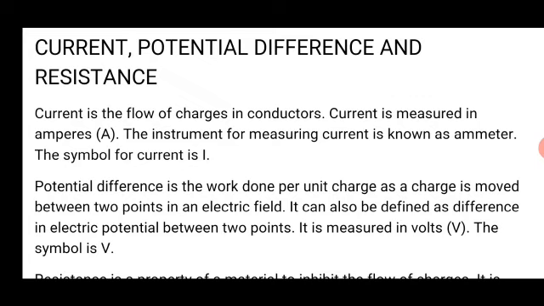It can also be defined as the difference in electric potential between 2 points. Along the circuit, the potential at a particular point is usually greater than the potential at another point. For example, in a circuit, the positive end of the cell is at a higher potential than the negative end.